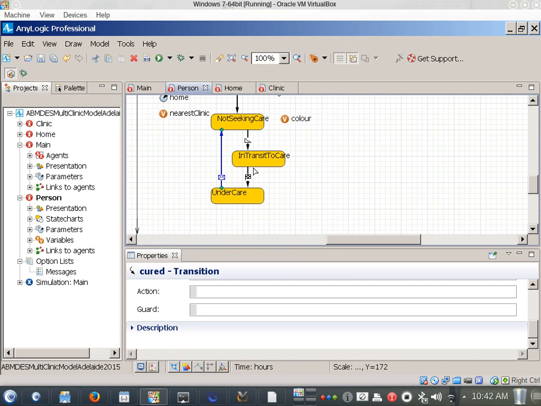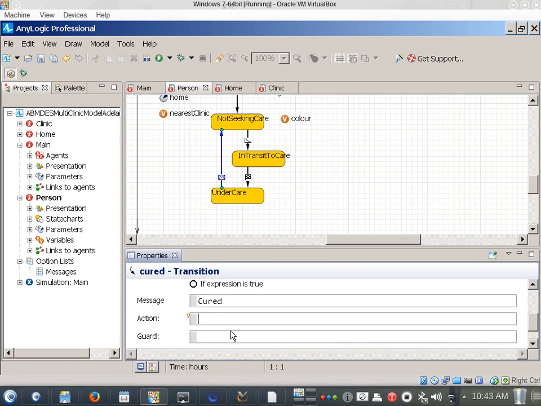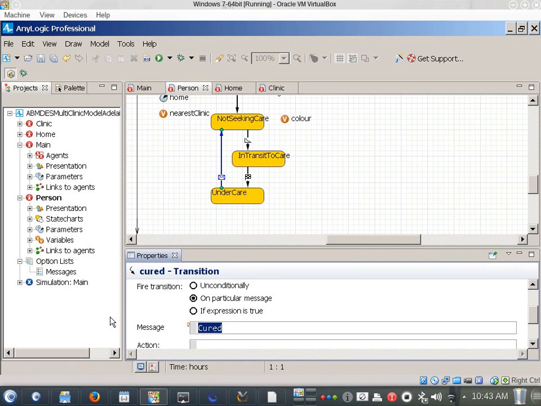Okay, so folks, what I'd like to do now is, I'm sorry. This transition here, back from undercare to not seeking care, will be based on a message, but it will be based on departed healthcare facility instead of cured.